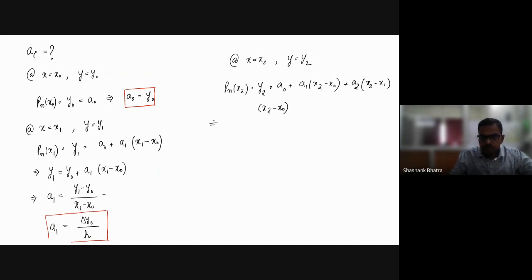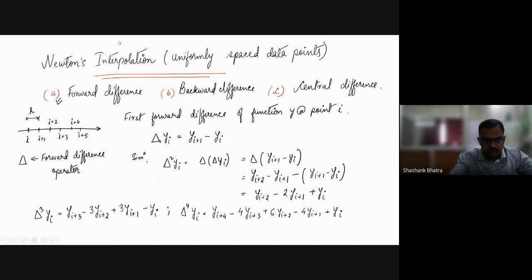This can be further written as y2 equals a naught, which is y naught, plus a1, which is delta y naught upon h, times x2 minus x naught, which will simply be 2h.